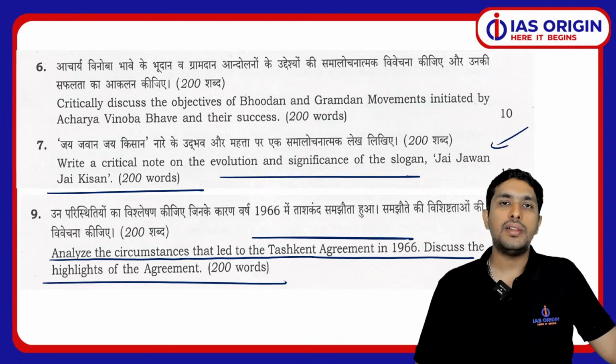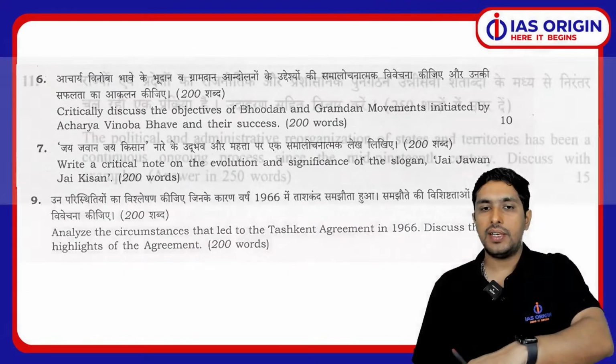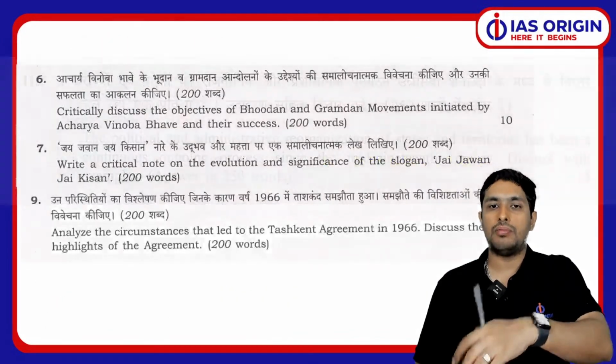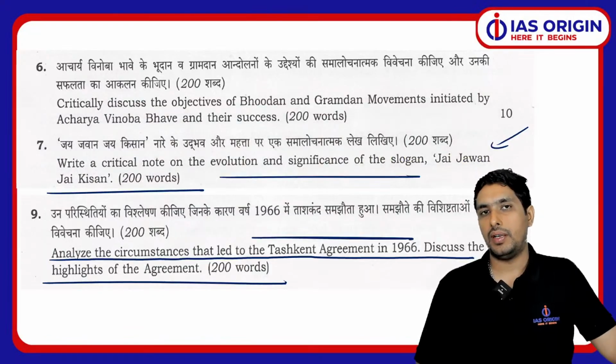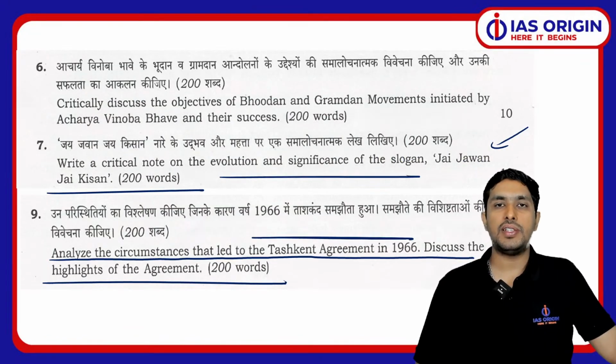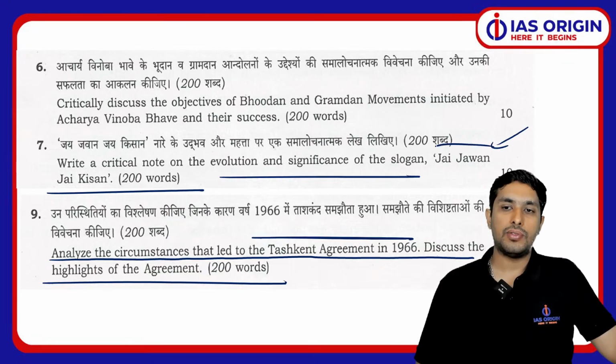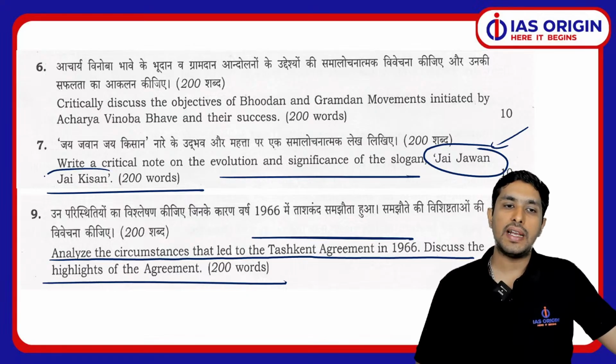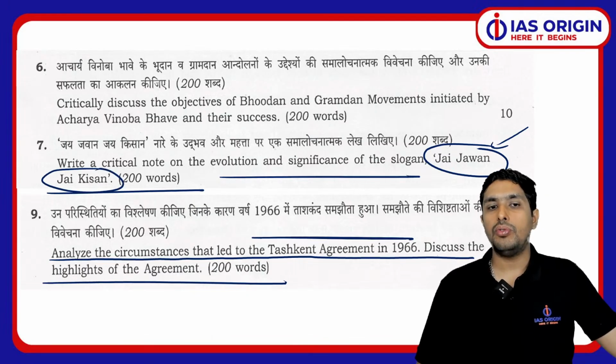That is from 2013. So from 2013 they are asking such questions about what is the relevance and significance of that. Shastri ji, the former Prime Minister of India, gave that slogan, and Jai Jawan relates to the soldiers, the sipahis, and Jai Kisan to the farmers. So you have to know about this aspect.